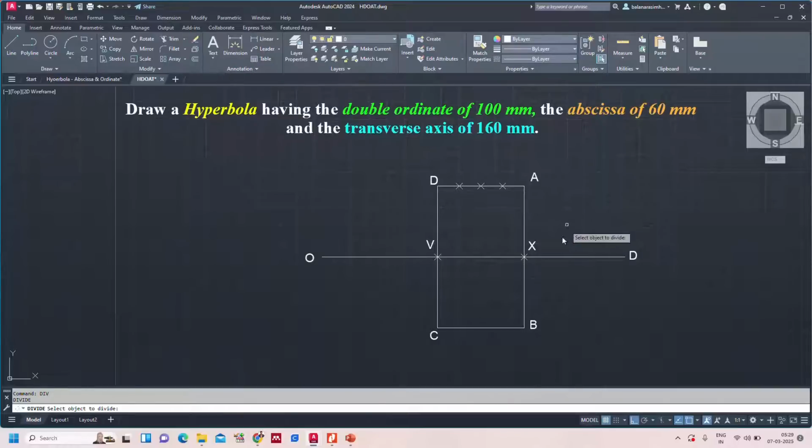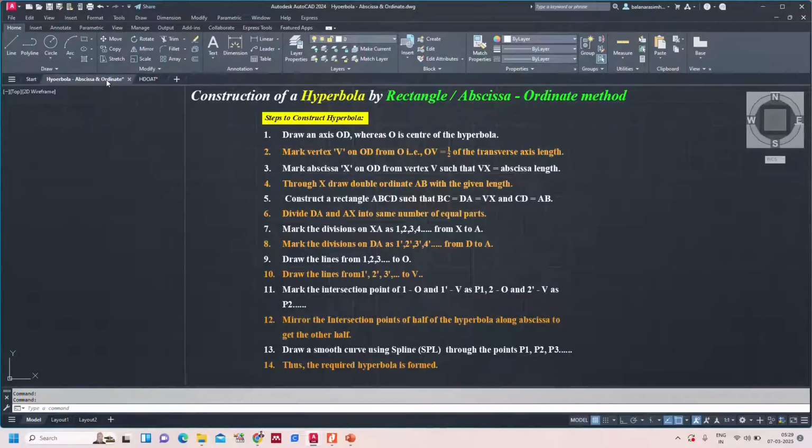Okay, it's a single entity here. Let me break at this point because I want to divide only AX, not the AB. Divide, select this point, 4 parts, perfect. So divide DA and AX into the same number of parts, finished.